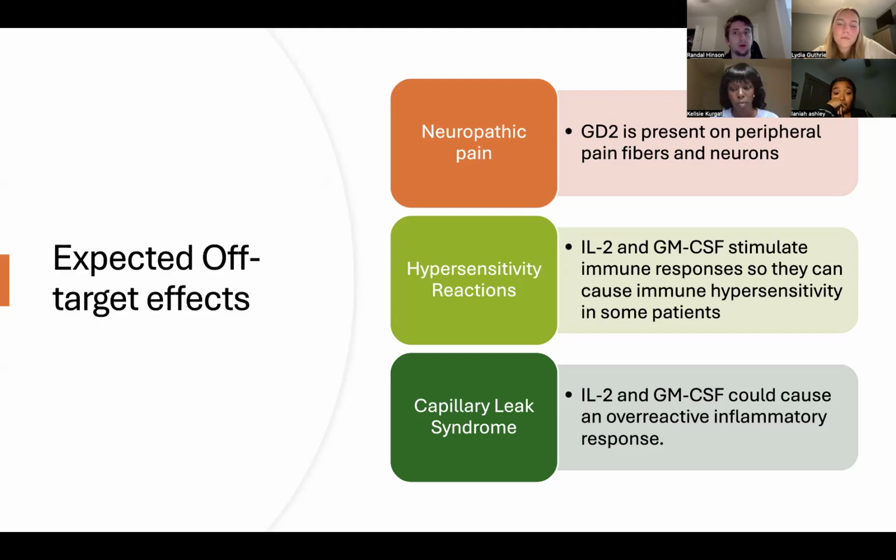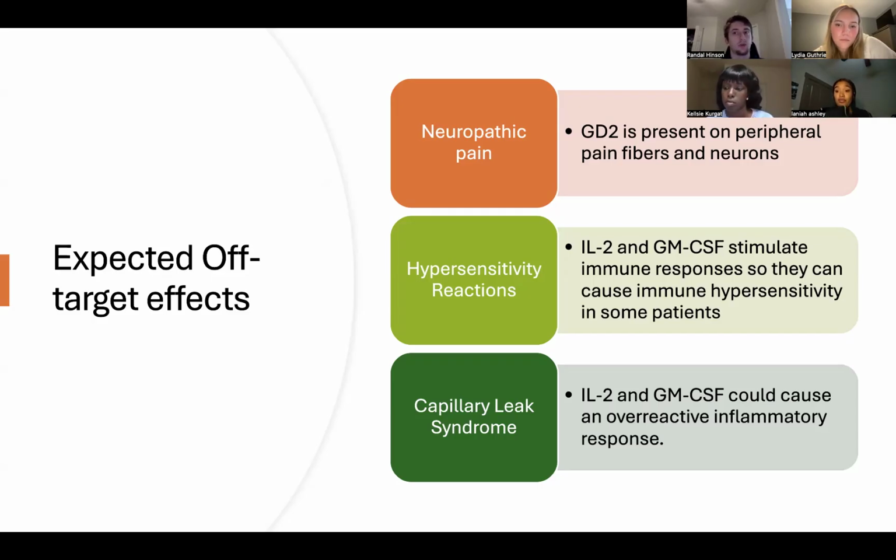Those help stimulate the immune response, because you need the immune response since that's what the monoclonal antibody is using to kill off the neuroblastoma cancer cells. So since they stimulate those, they can cause some immune hypersensitivity or autoimmunity in some of the people getting it. Honestly, it's case by case, depending on whether a certain level is going to cause that immune hypersensitivity or not.